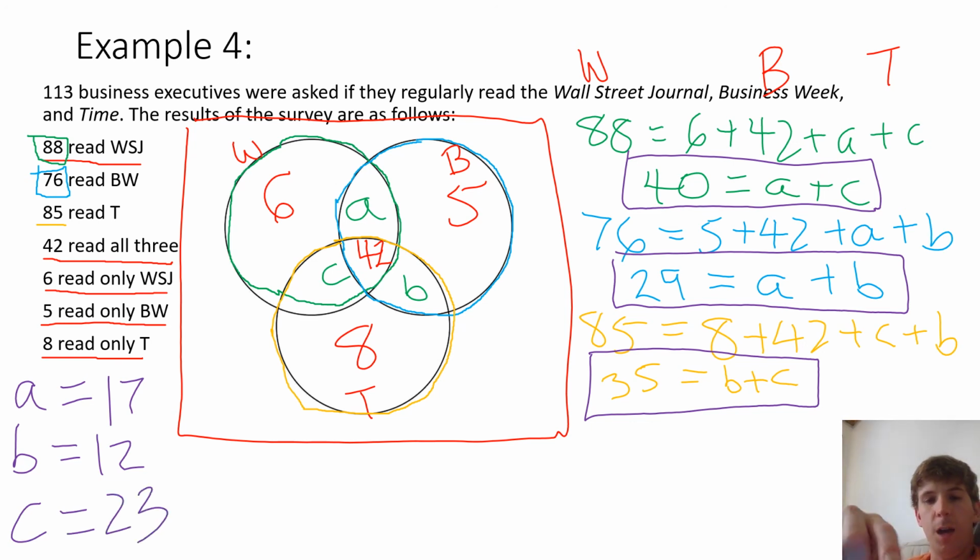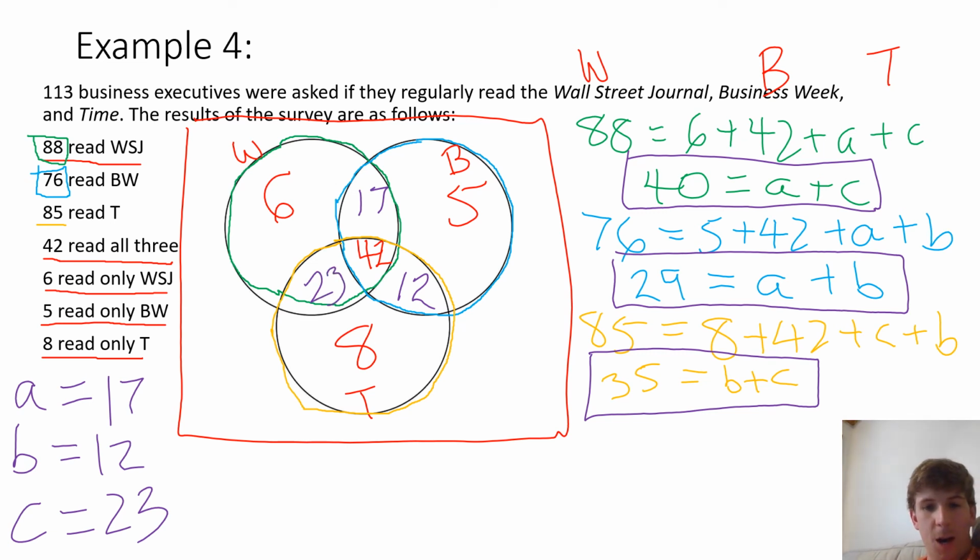And so those would fill in those slots there for A, B, and C. That 17 is the people that read the Wall Street Journal and Business Week, but not Time Magazine. The 12, which is B, is going to be here. That's the people that read Business Week and Time, but not Wall Street Journal. And C is 23, so that's this group.